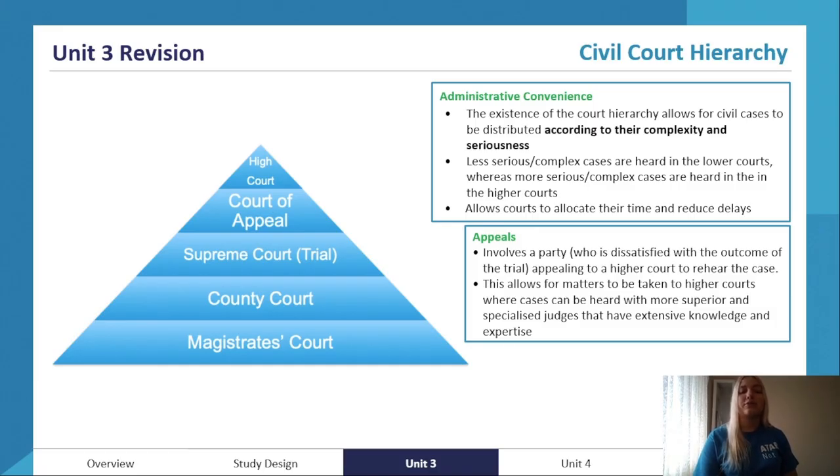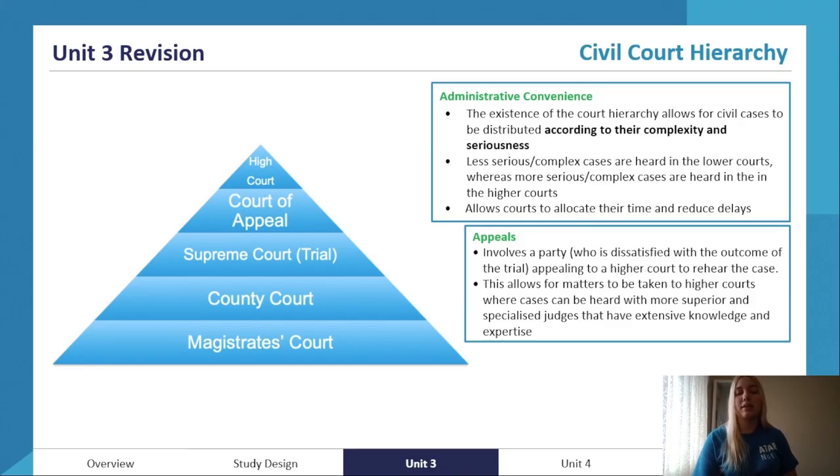This allows us to filter many, many less serious and less complex cases into lower courts, such as the magistrate's court. There, because they require a low level of expertise, because they are not complex, a large volume of cases can go through very quickly and be resolved without clogging up the court or leading to unfair or unjust outcomes.